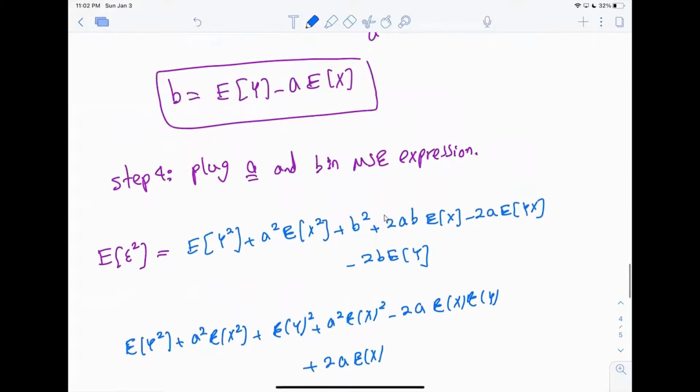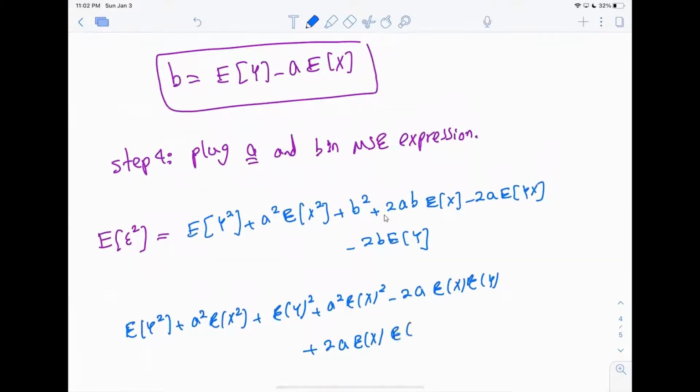Now instead of B we plug E of y once, minus 2A E of x. That's what we had, because it's a negative A square x square.